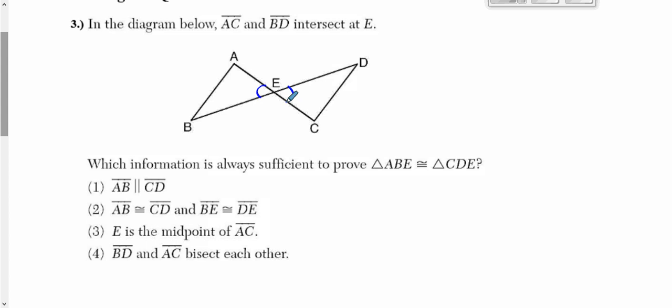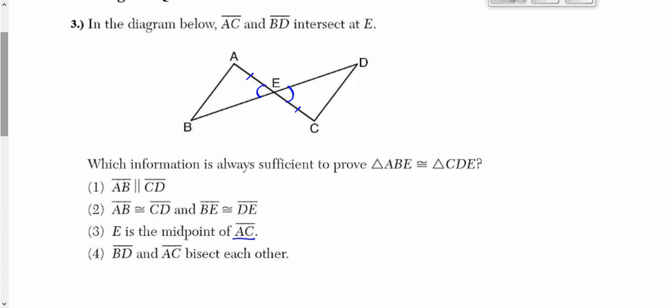What do we think? 3. If we say E is the midpoint of AC, well, that would make that congruent and that congruent, right? Is that enough to get the triangles congruent? We've got angle and side. Well, wait, maybe you're thinking, does it make those congruent? No, it doesn't. Why not?